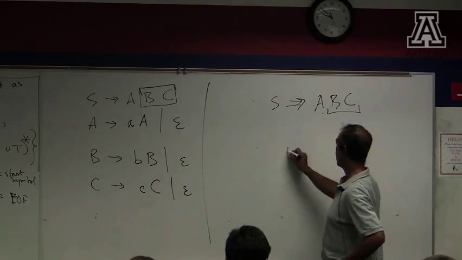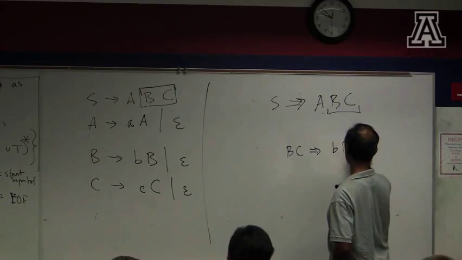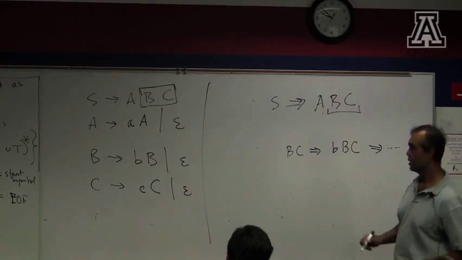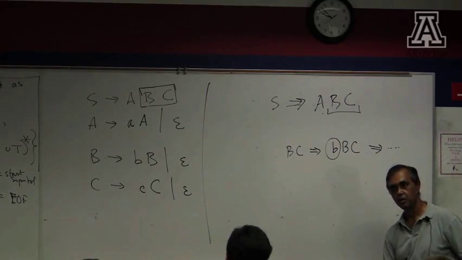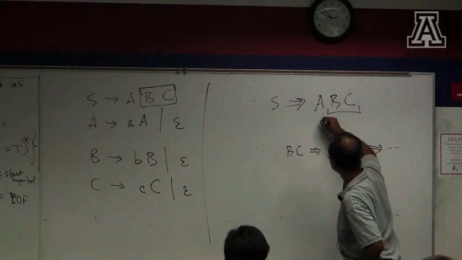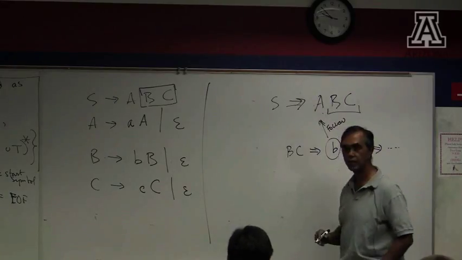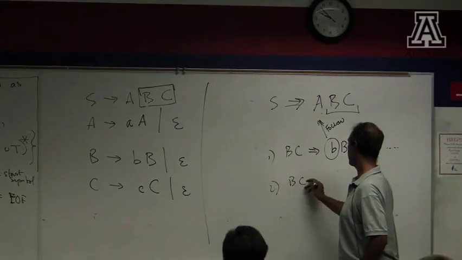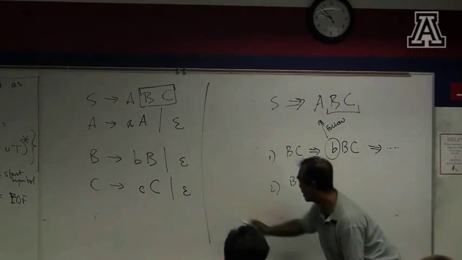Well, here's one. BC goes to little b, B, C, and that goes off. And so little b is in the follow of that guy. So that's one possibility. Here's another possibility. BC, B goes away. I use the rule B goes to epsilon.